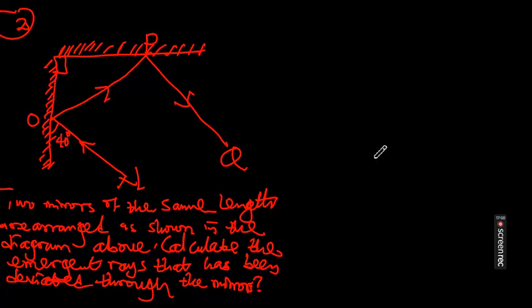So now all we need here is the emergent ray that has been deviated through the mirrors.